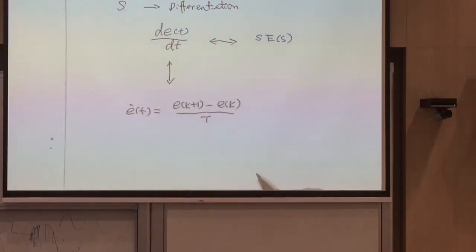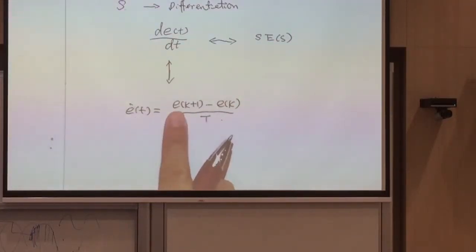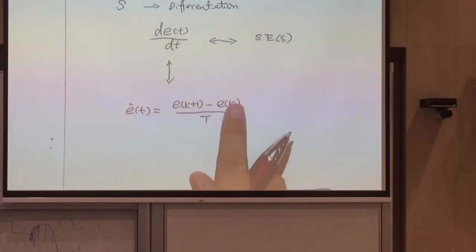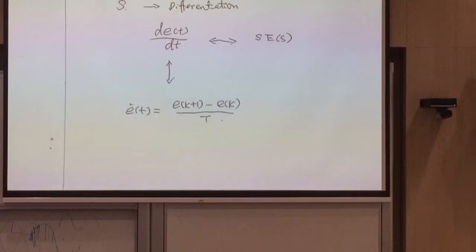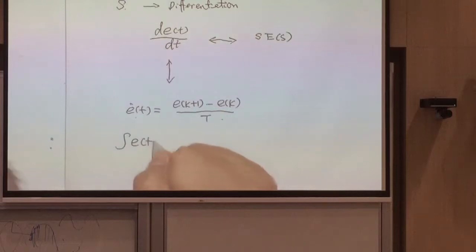If you look in the time domain, you see the differentiation of your E(t) is approximated by your next, forward step minus your current step, divided by the time difference, right? This is what we describe in the figure. You look at the next step. And if you are talking about the integration, what is the integration?